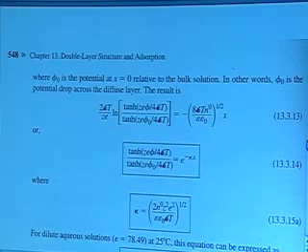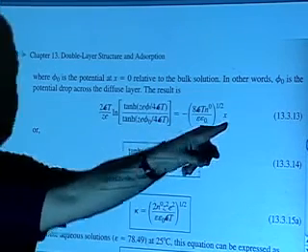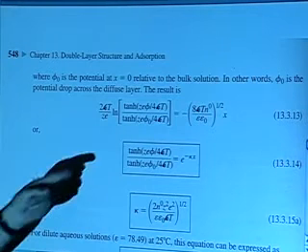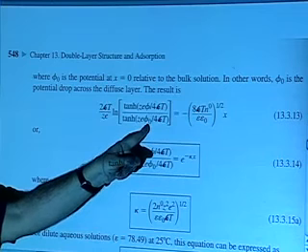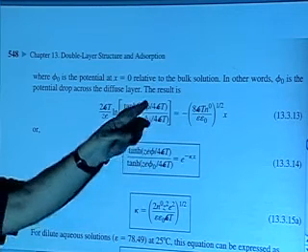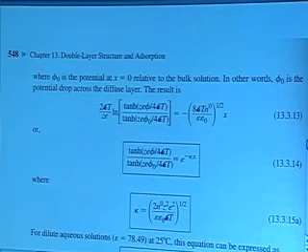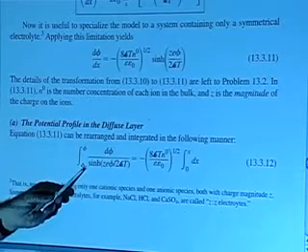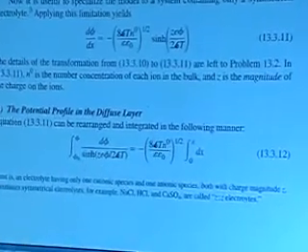Okay? So here's the constant that was still there on the right. Here's the total distance we've traveled. The definite integral has two terms, one where phi is evaluated at phi 0, and the other where it's really phi, because we integrated from phi 0 to phi to get the total potential drop in that definite integral. If you remember, right here, there's a phi, and there's a phi 0, and there's an x and a 0.